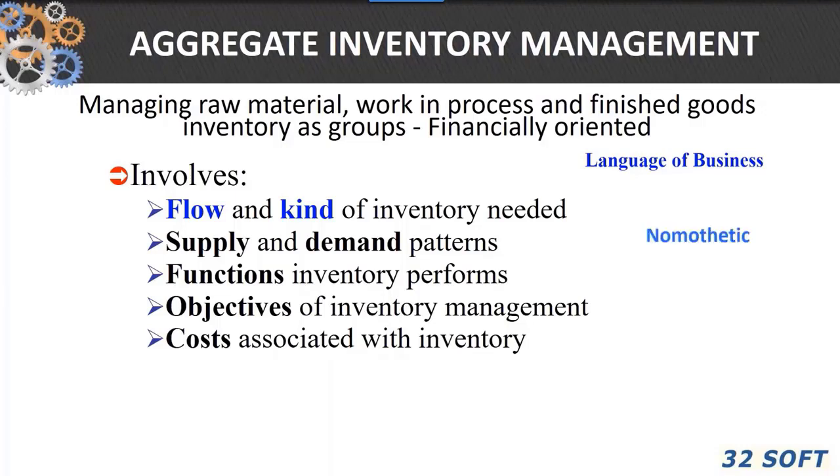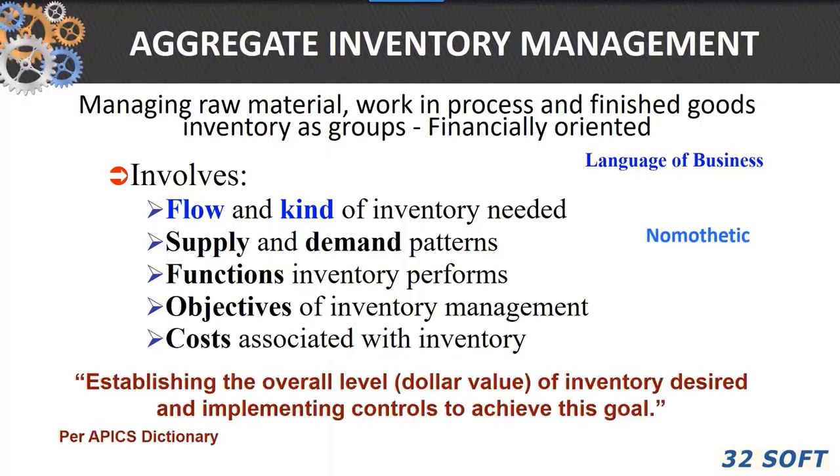We talked about this concept of nomothetic and idiomatic. Nomothetic being normal, average, conceptual. So we have to be able to establish these overall dollar levels of inventory desired and implemented to control the achievement or the goals of the business plans.